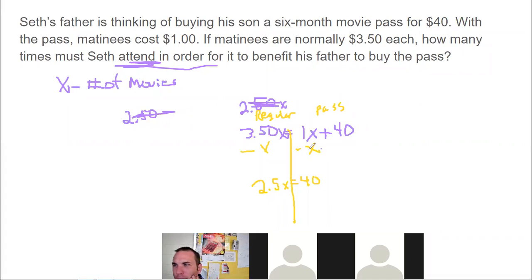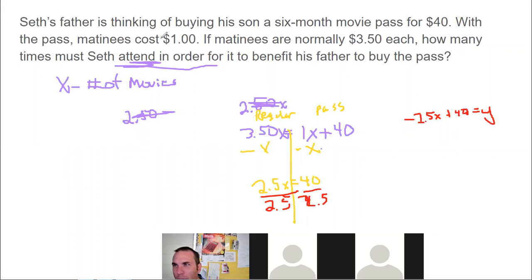It would be negative 2.5x plus 40 equals y is what I'm guessing. But right here, I can just solve for x. And I mean, this is true. Oops, look at me, look at my math.